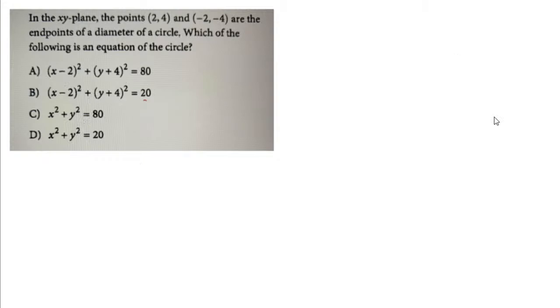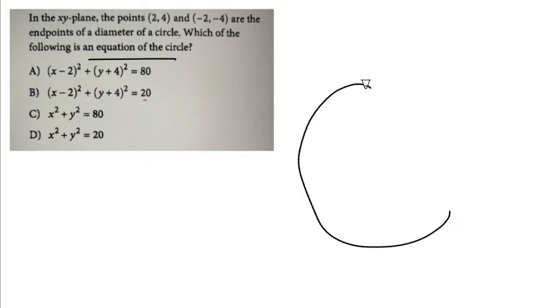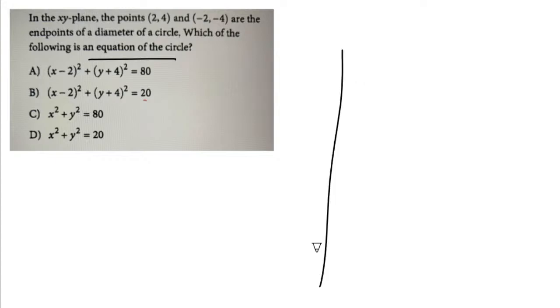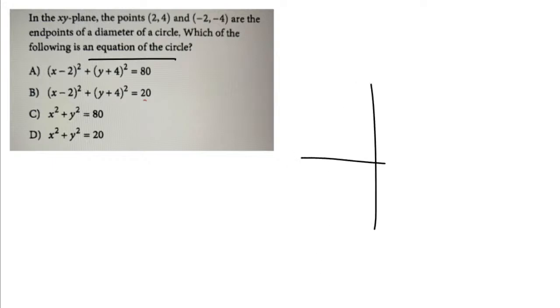Another very interesting question. So we have 2 points, and they are endpoints of the diameter of a circle. We need to find an equation of the circle. Okay, let's do that. That doesn't sound that difficult for now, but let's try. So let's find the points. This is our graph. So this is 2, and this is our 4.